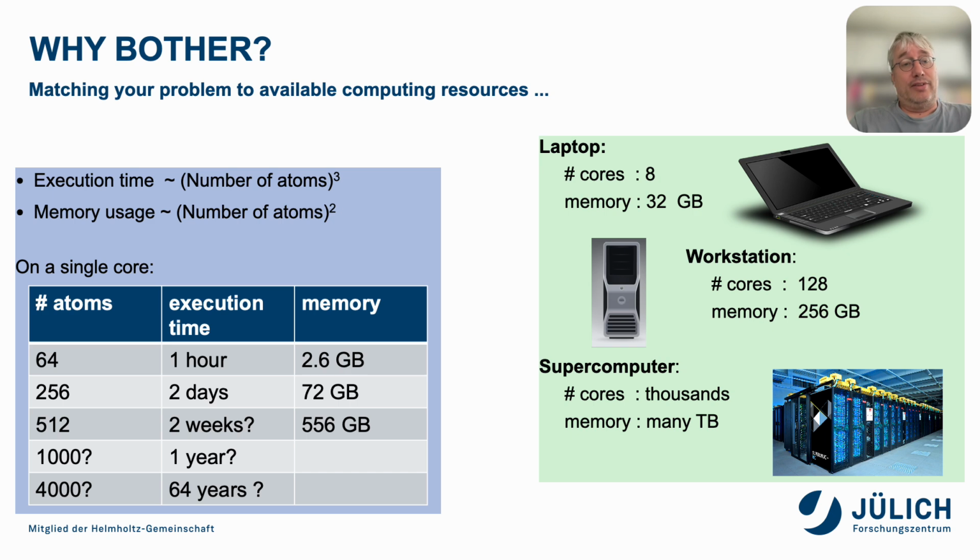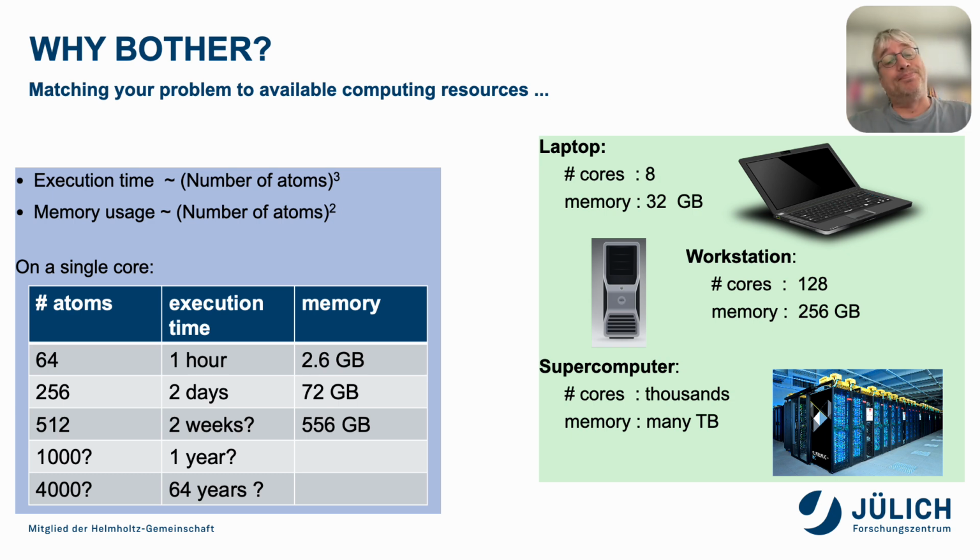Then think about what happens if you use larger systems, perhaps 256 or 512 atoms. You can see that the execution time in this column grows significantly, and it looks like the code is not able to do that in any reasonable amount of time and with any reasonable amount of memory, right?